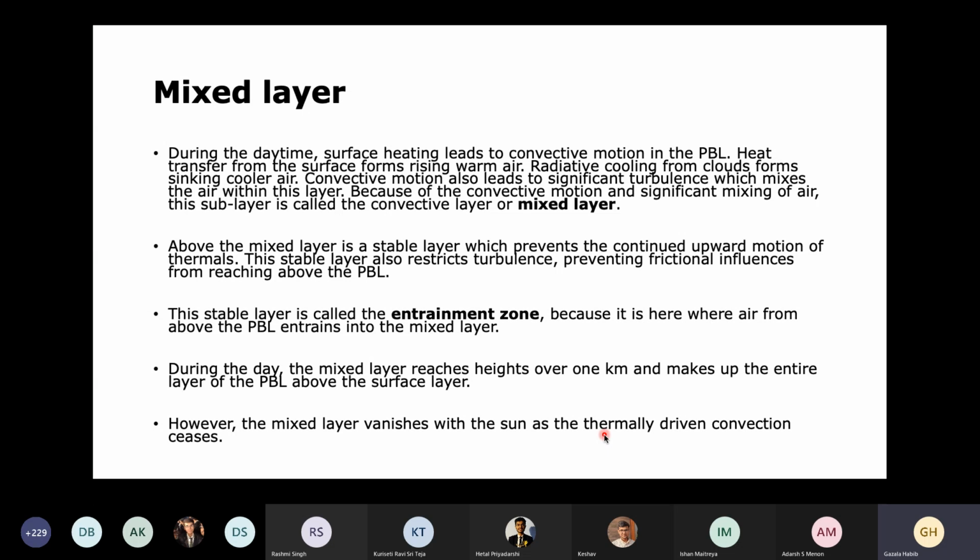Maybe it will not be used in this particular class for calculation of pollution dispersion, because the pollution dispersion calculation we do using the Gaussian plume model, and this Gaussian plume model takes the stability class.